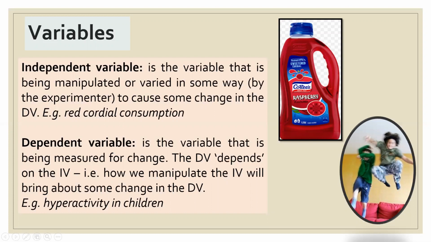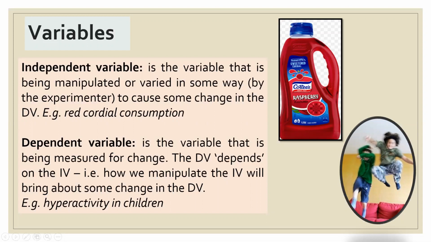Now, in this study, back in the 90s, people used to think that drinking red cordial would lead to hyperactivity in children. So it's just a hypothesis. So let's say it is hypothesized that children who consume higher amounts of red cordial will show higher amounts of hyperactivity. So obviously, as a researcher, how I'm going to manipulate this IV is I can decide to give my students 200 mils of cordial or 500 mils of cordial or 1 liter of cordial for that matter.